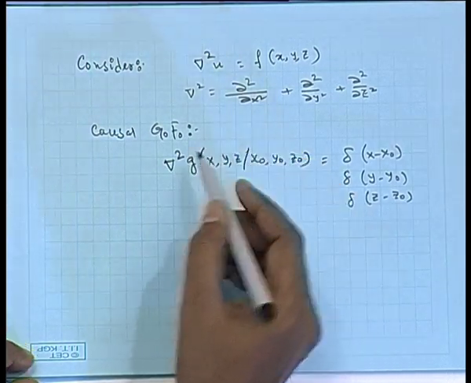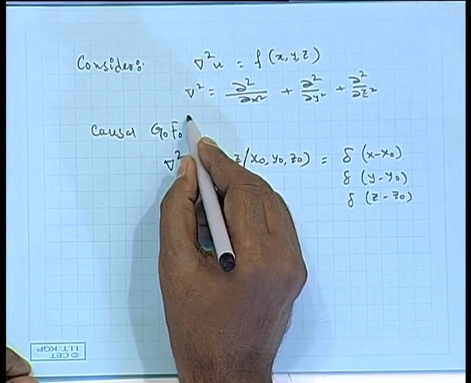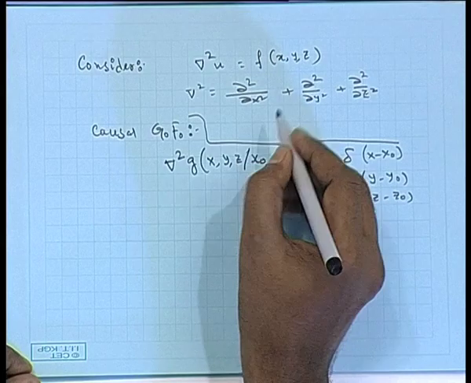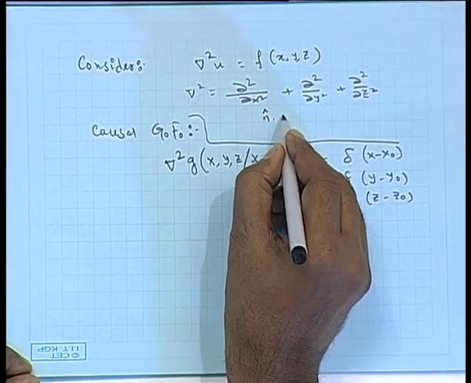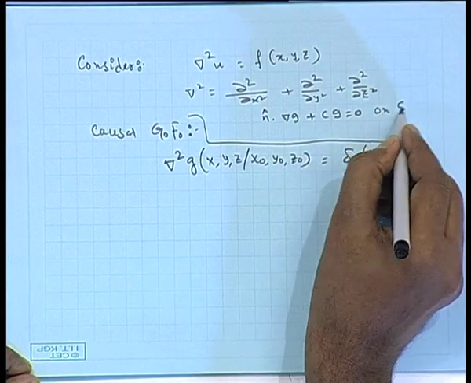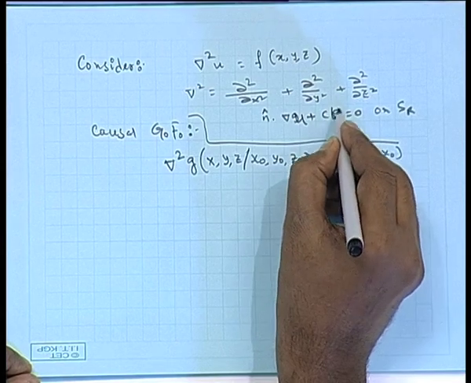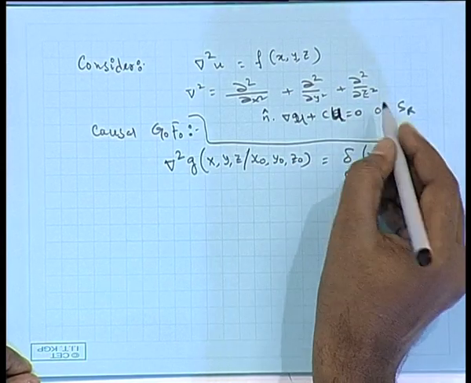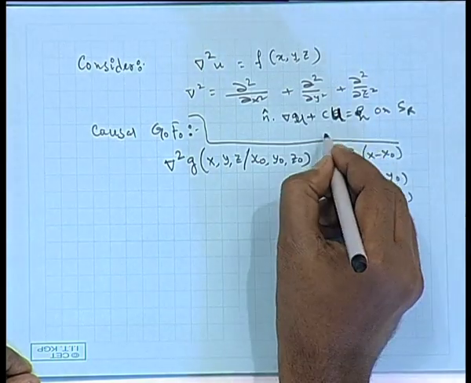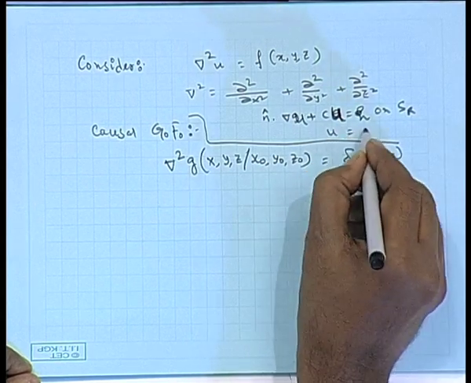Suppose this original problem u has a boundary condition. Let's say it has two boundaries, one is SR and another is SD, and the boundary condition is n hat dot grad of u plus Cu is equal to H, which may be non-homogeneous, on SR, and on SD, let us say u is equal to something.